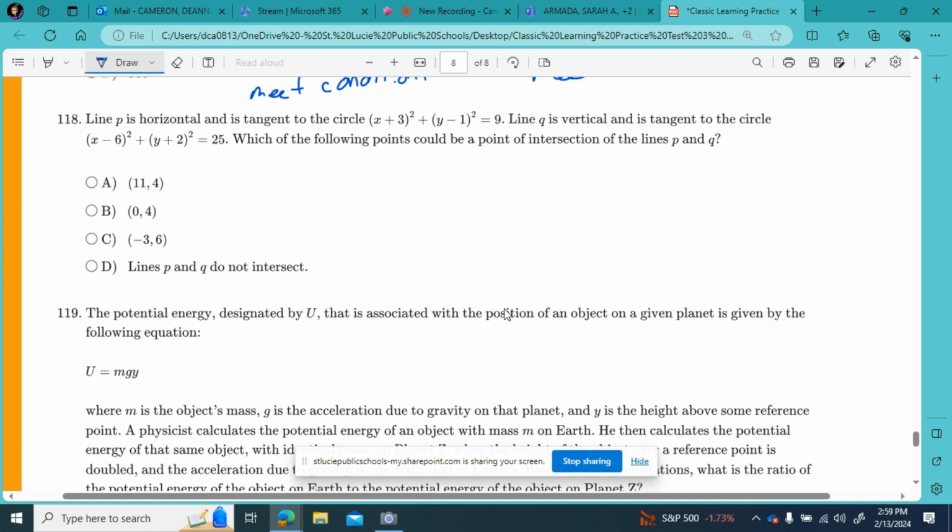So I want to look at this on a graph. So I'm going to draw out my coordinate plane here.